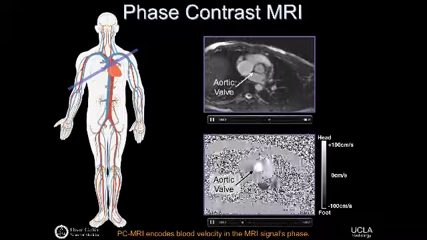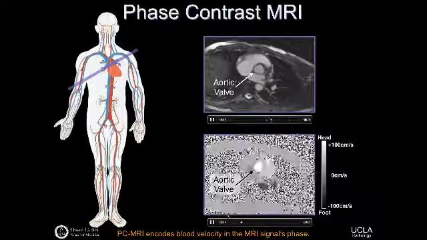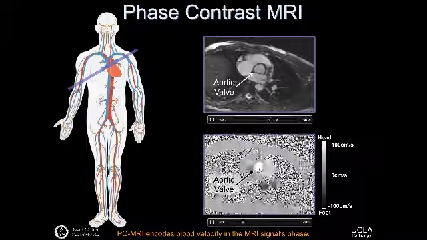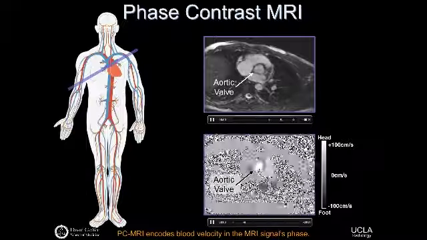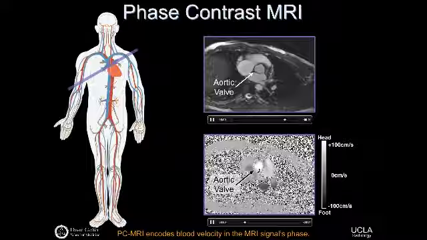And if acquired appropriately using a phase contrast sequence, the phase of the signal is actually related to the blood velocity. And so we can set a scale on here. This is a measurement technique. And if I can estimate the velocity of blood at a particular location, I can start evaluating blood flow characteristics, really high flow velocities in stenoses or regurgitant jets and things like that.